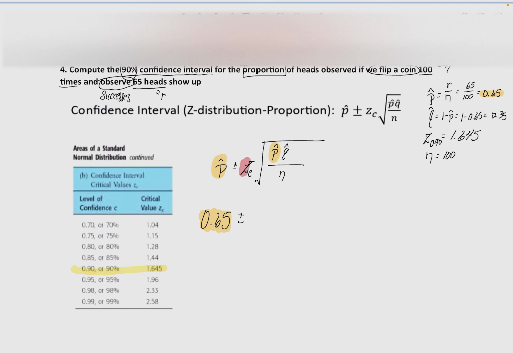The critical value is 1.645. Then we're going to take the square root of p hat again, which is 0.65, q hat, which we calculated as 0.35, and we're multiplying those two numbers together. And then we're going to divide by our sample size, n, which is 100.